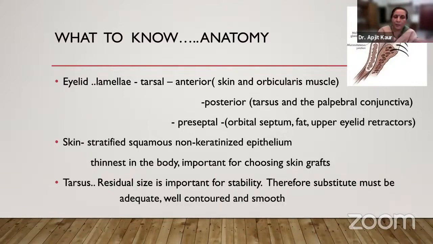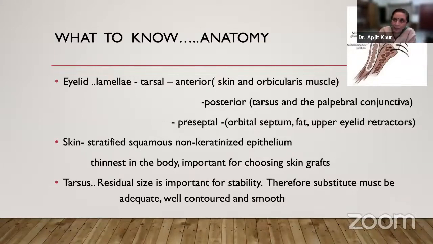The skin, as has been highlighted earlier, is of course the thinnest in the body. And this is important because we need to choose our grafts accordingly. And the skin which most commonly matches is the contralateral eyelid or the retroauricular skin.